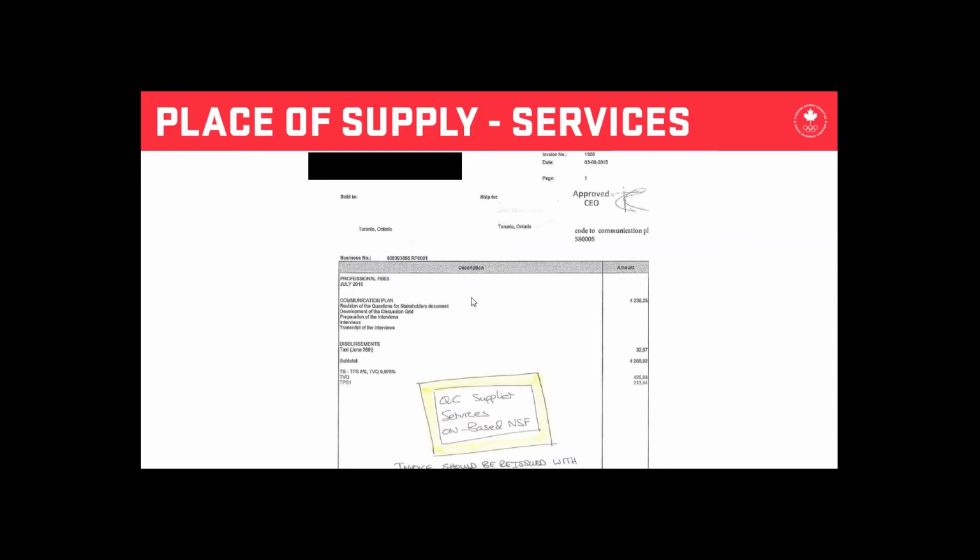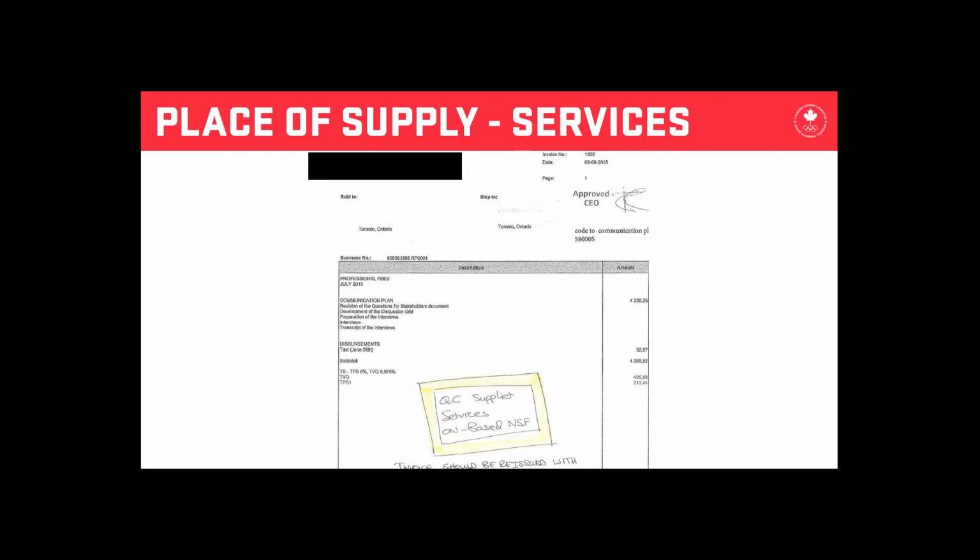Another example. So this one is a Quebec one, the same as the one that we went through two pages ago from the CRA document, and this is one that caused me to smile, because it has happened on numerous occasions, where the Quebec supplier has services provided to an Ontario-based NSF.